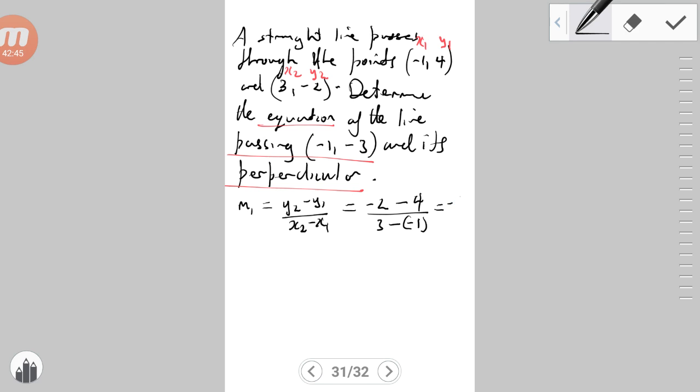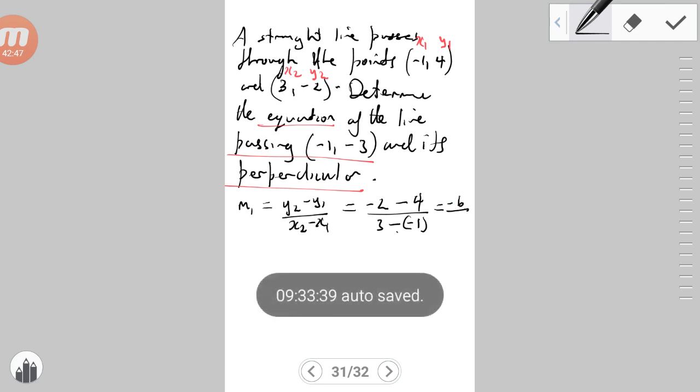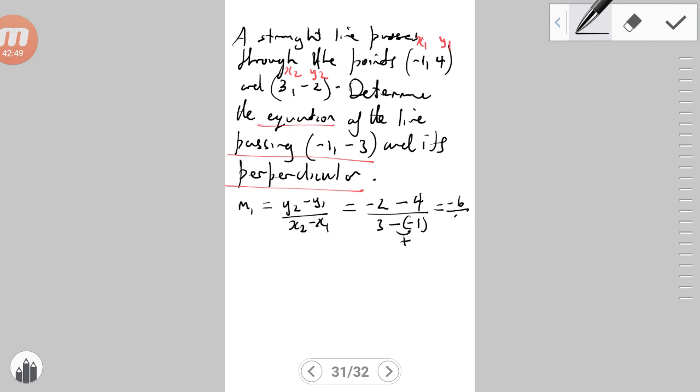So this is -6 over, negative times negative is positive, so that's 3 plus 1, which is 4. So this reduces now to being 3/2. 2 into 6 is 3, 2 into 4 is 2. So our gradient here of the original line is -3/2.